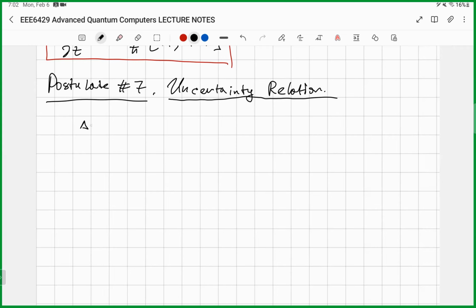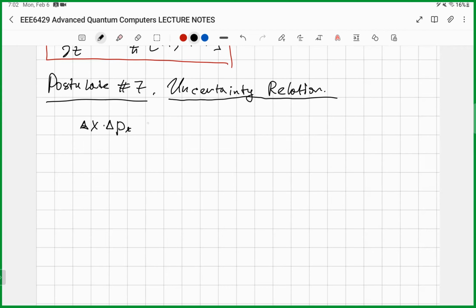It provides the connection between the uncertainty in coordinate and the uncertainty in momentum in the same axis, x in this case.